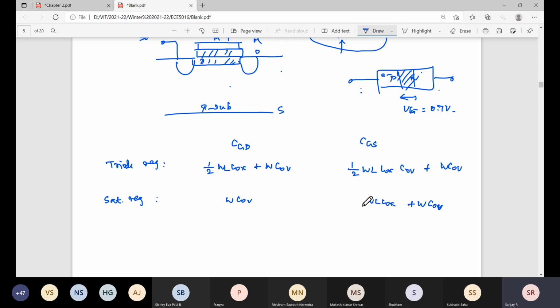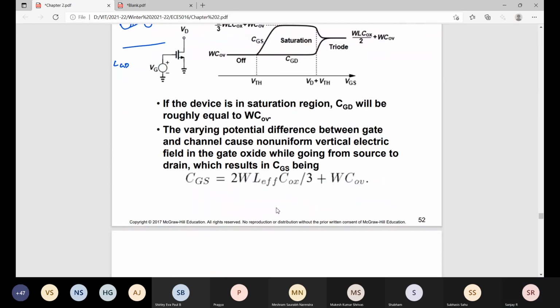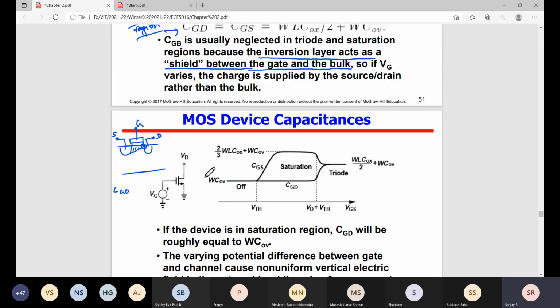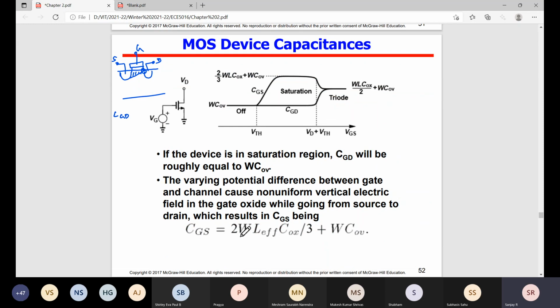That is called 2/3. You might have derived this formula in device physics. Please look at it. So 2/3 WLCox plus WCov. But the oxide capacitance won't be in the drain region because the channel is completely pinched off.